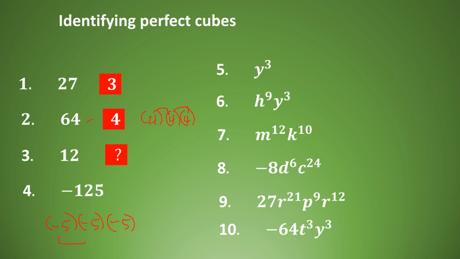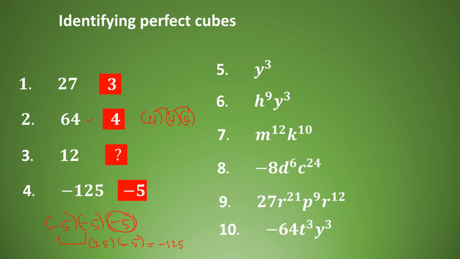Negative 5 times negative 5 gives us positive 25, while multiplying negative 5 to 25 gives us negative 125. So therefore, negative 125 is a perfect cube because its cube root is negative 5.